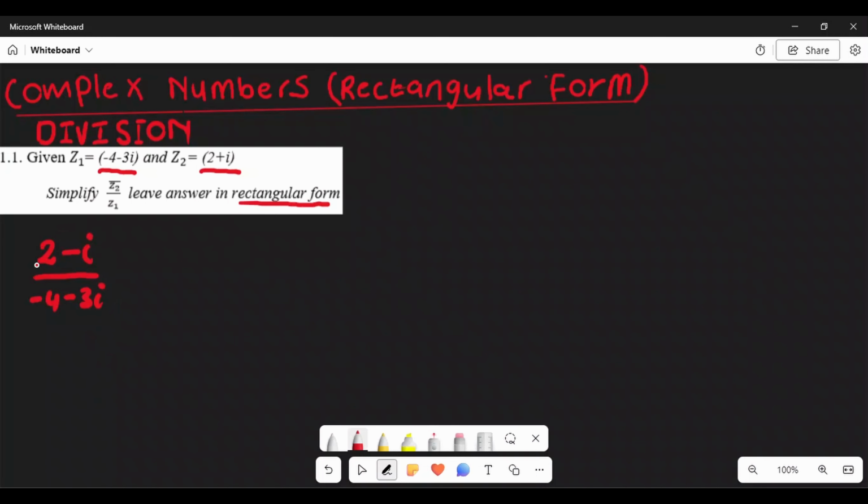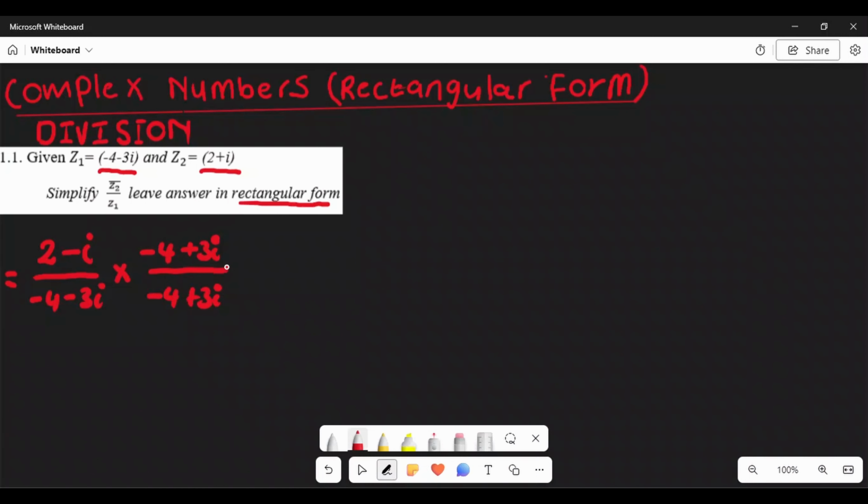So guys, when you deal with division, you must multiply by 1, but that 1 must consist of the conjugate of the denominator divided by itself. Here's what I mean: the conjugate of the denominator is going to be negative 4 plus 3i, divided by negative 4 plus 3i.